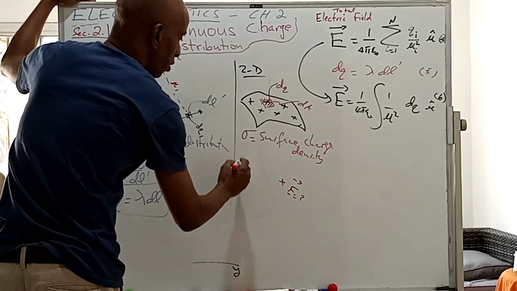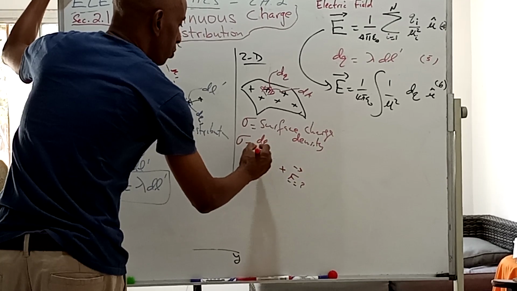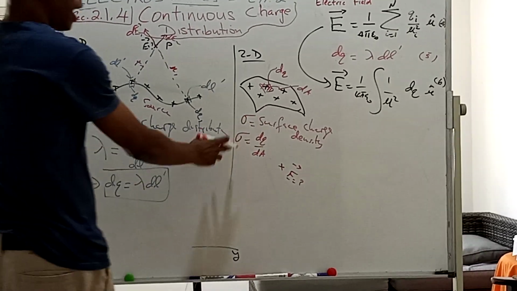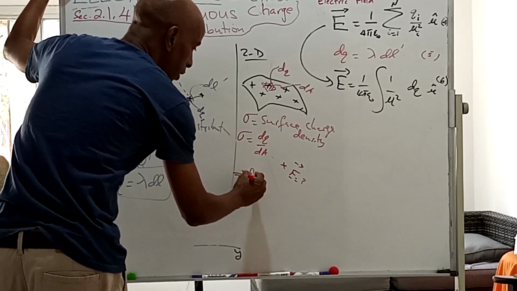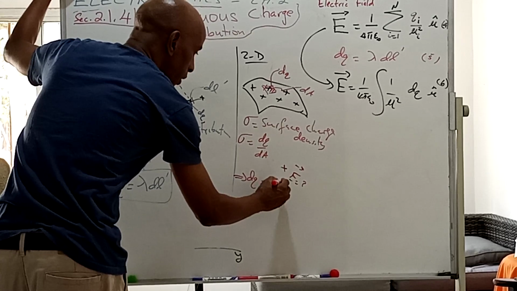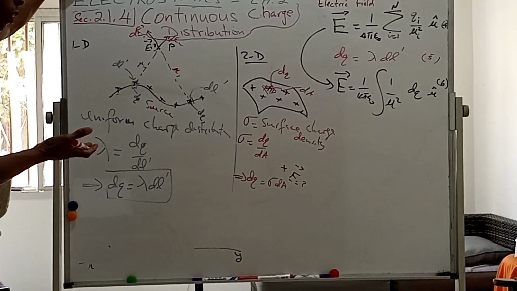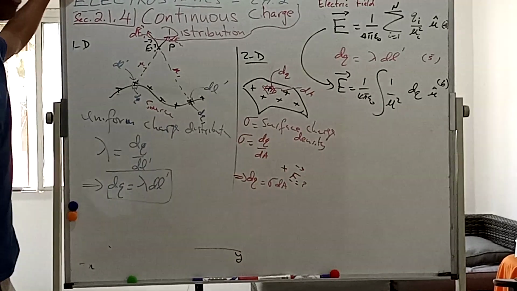And surface charge density sigma is given by dq over dA, charge per unit area, right? And again, this quantity will be constant. So when I cross multiply, I get dq is equal to sigma dA. It's constant if we have a uniform charge distribution. If it's not a uniform charge distribution, we cannot claim sigma to be constant.